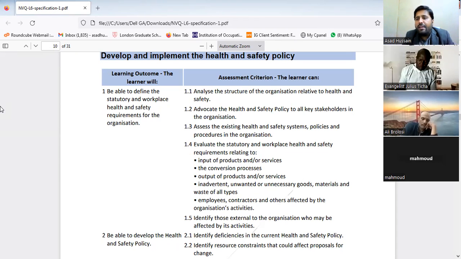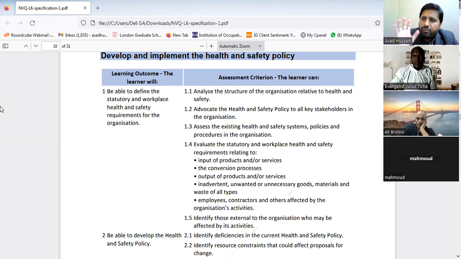Yes, if your country is strong enough and has its own regulations on the basis of the International Labour Organization conventions or international standards, and you have your own standard or regulations in your country, then you have to write those regulations. Yes, that's what I mean, because we have our own here in the UAE. When you have your own, you should use that.